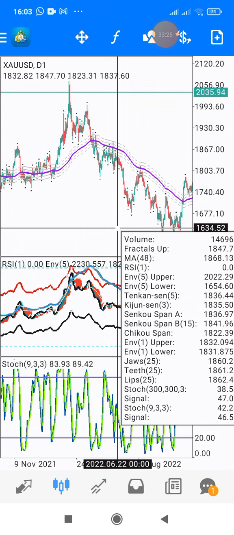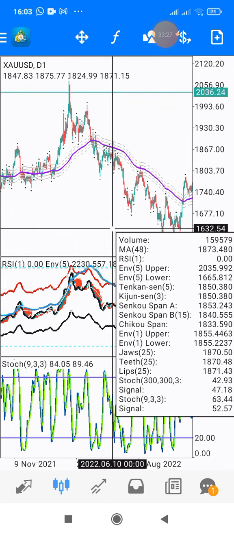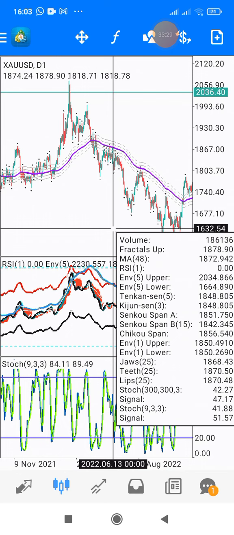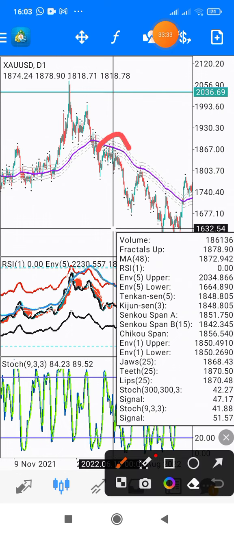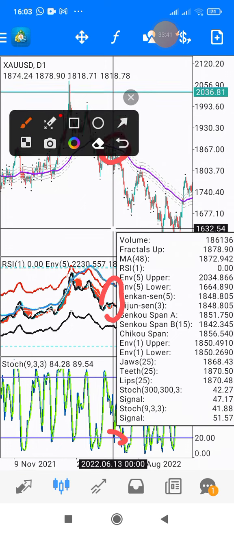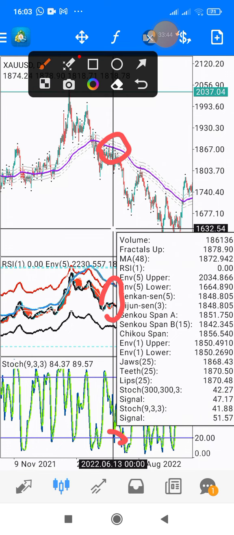You see, here, change the direction, and then this is, you see that one.